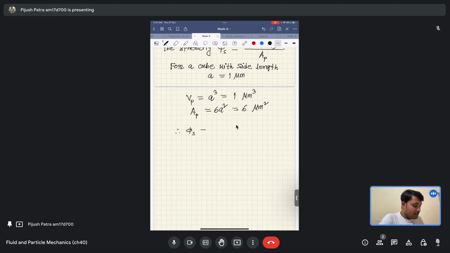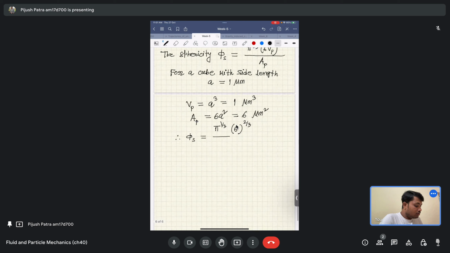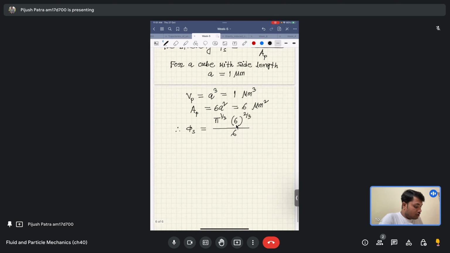Phi s is equal to pi raised to 1/3, then 6 to the power 2/3, divided by 6. Am I right? Yeah. So this is equal to pi by 6, the whole to the power 1/3.